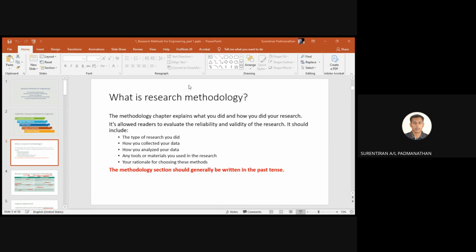So the methodology is the analysis of all the methods and procedures of the investigation. You have to understand that methodology looks at the overall picture, because in your project you have three or four objectives, so you might use different methods.